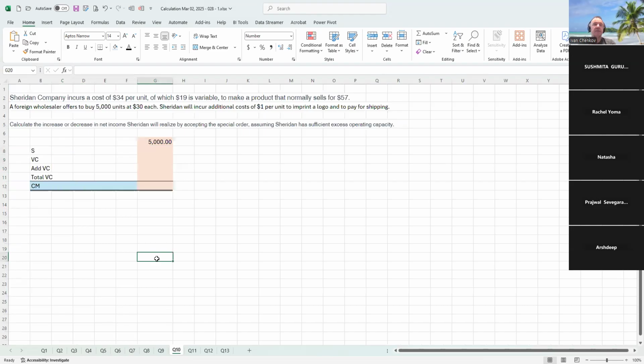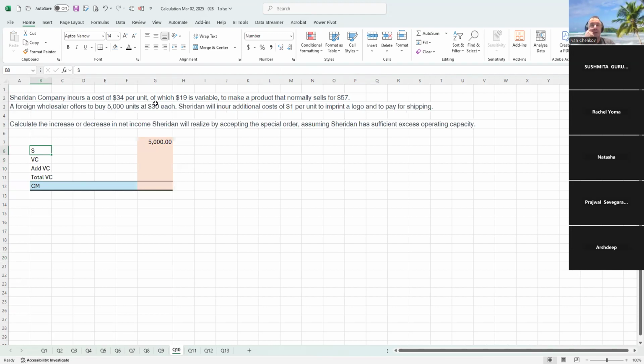Next question. This company incurs cost of $34 per unit, of which $19 is variable cost, to make a product that normally sells for $57.